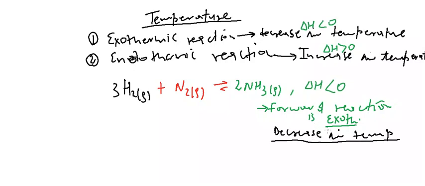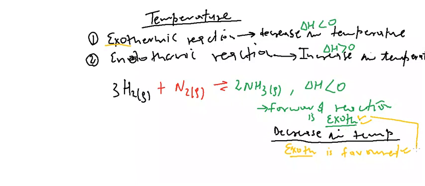When you decrease the temperature, generally you favor which reaction? Exothermic, which means exothermic reaction is favored because the temperature is decreased. Then let's look at forward reaction. Forward reaction is exothermic, and exothermic reaction is favored by decreasing the temperature.